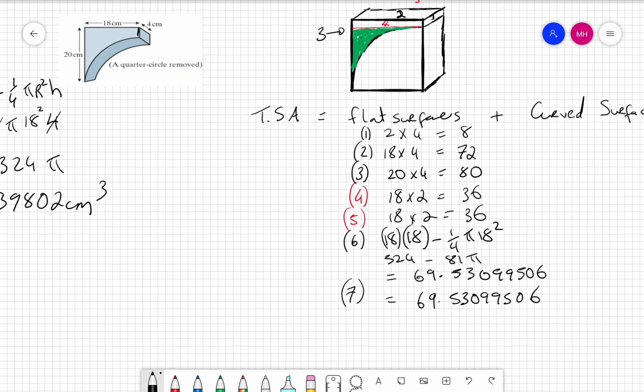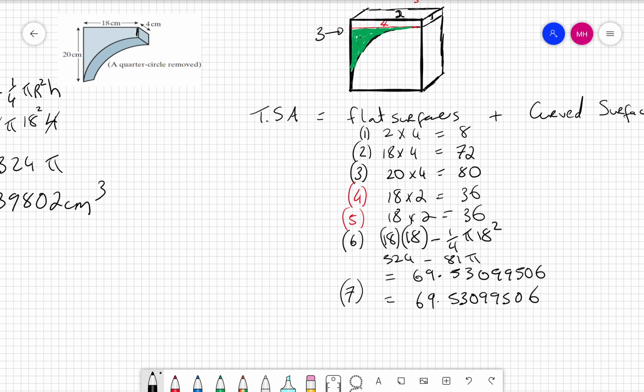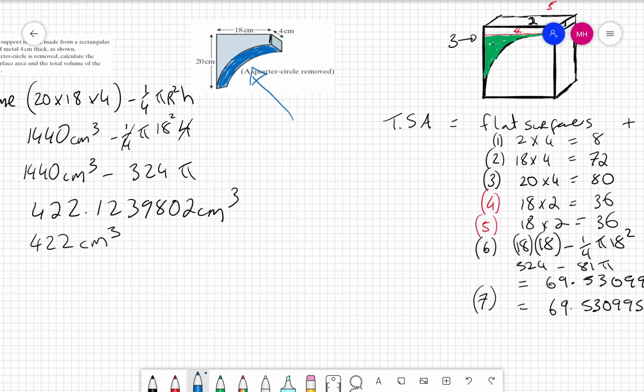And maybe this diagram shows it better. Obviously, the curved surface is this bit here. Now, this is going to be the same. So there was a cylinder cut out of this. And the external curved surface of the cylinder is going to equate to the internal curved surface of this stanchion.